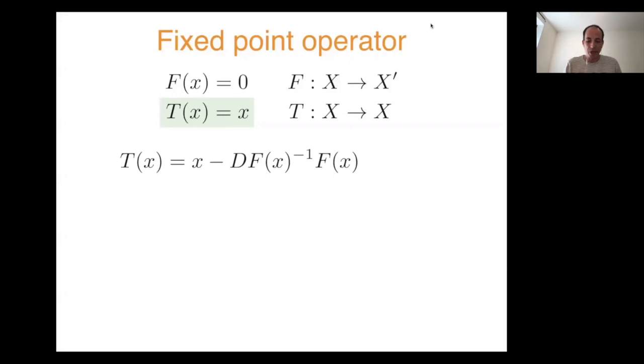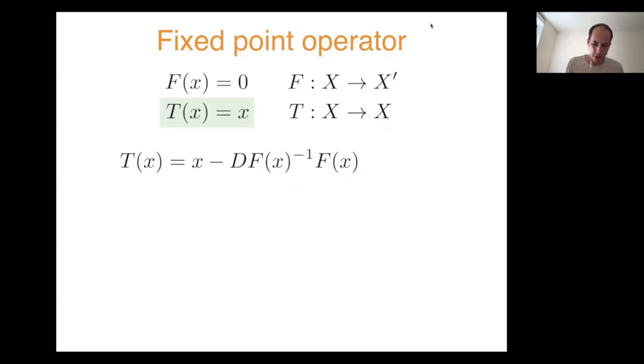And then which one do you choose? Because there are many, many possible choices. And an obvious thing to try is to take Newton's algorithm and to try this operator. Because you know that that one has very good convergence, which means basically it's a very strong contraction near the solution.